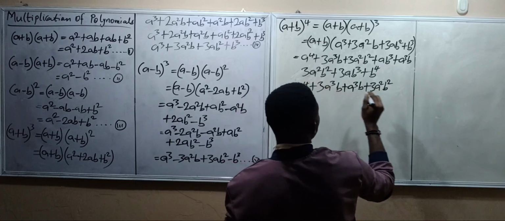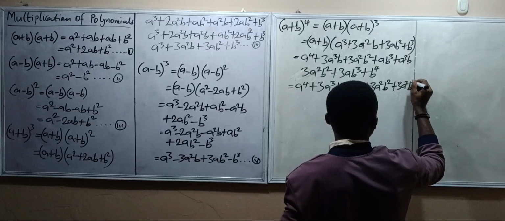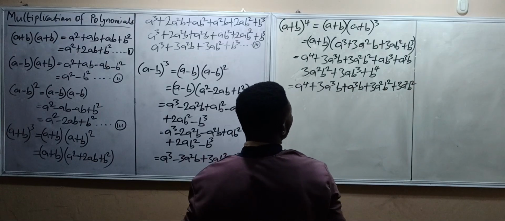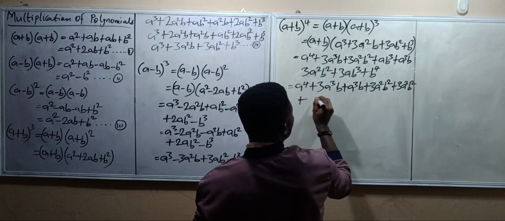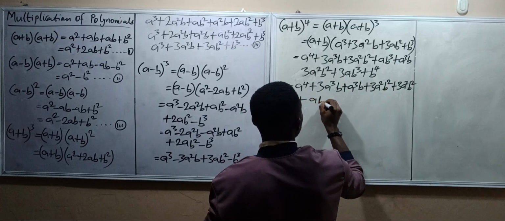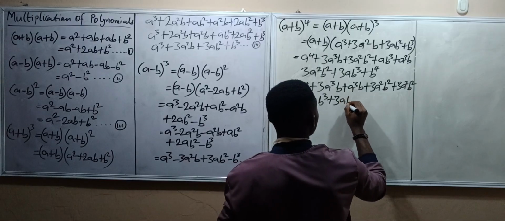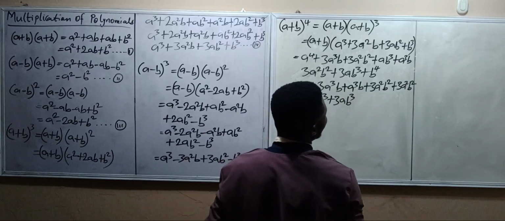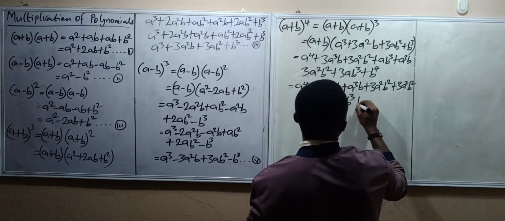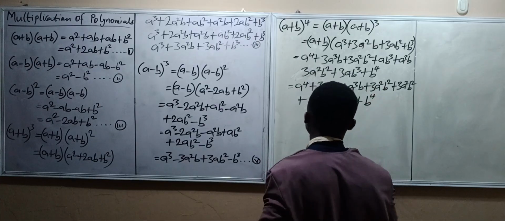Okay, this is it, plus another 3a²b². Then plus we have ab³, ab³ plus 3ab³. Then plus b⁴.